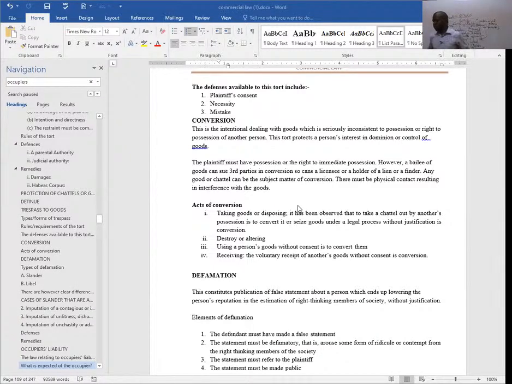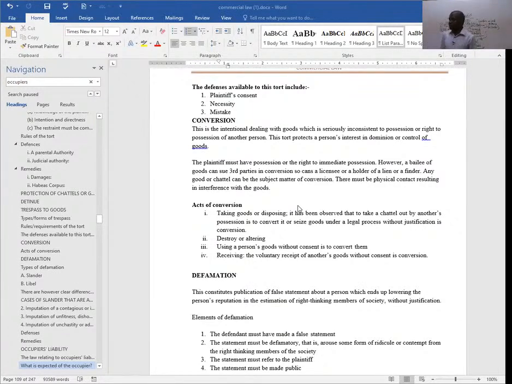Then the statement must be defamatory, that is, arouse some form of ridicule or contempt from right-thinking members of the society. It wants to make people ridicule you or laugh at you. That element should be present.